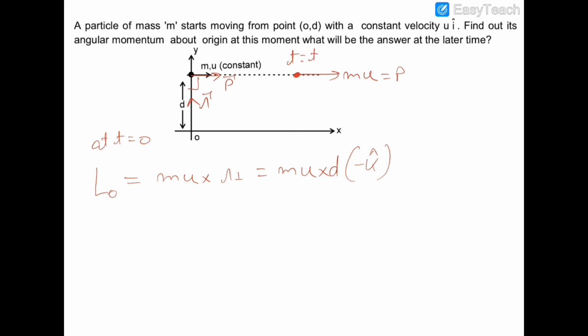So the angular momentum at t equal to t will again be mu into r perpendicular, which is mu into d, and the direction would be minus k cap, because again if we curl the fingers of the right hand from r towards p, the thumb will be pointing in the downward direction.